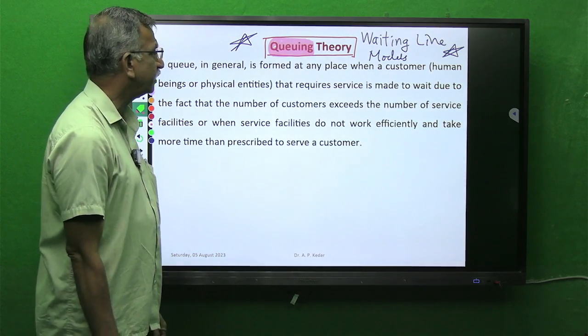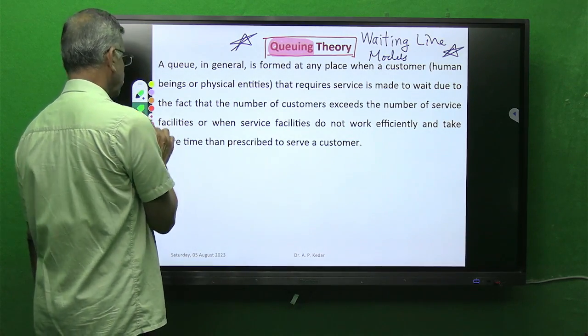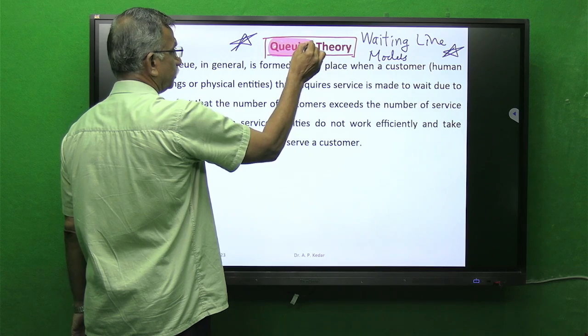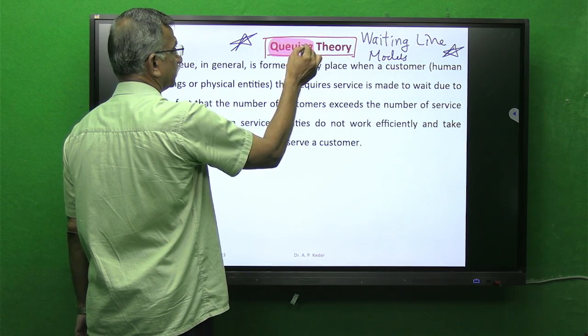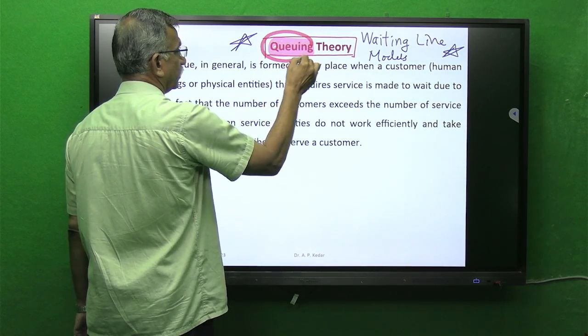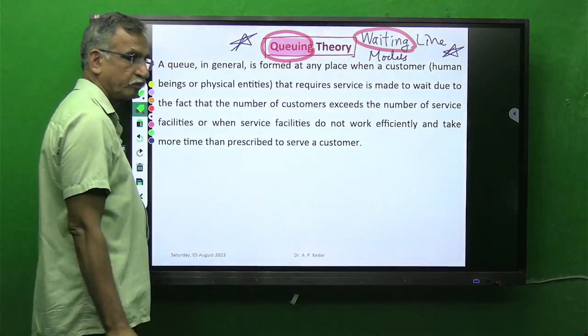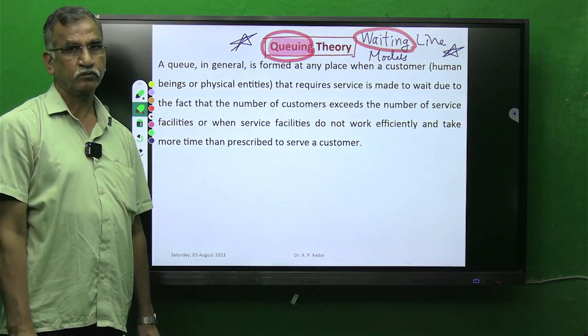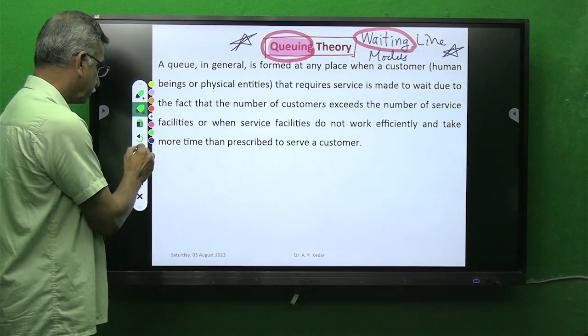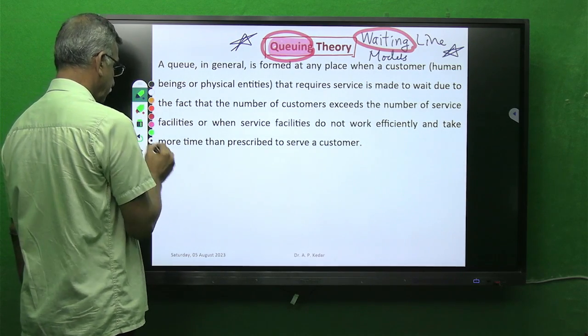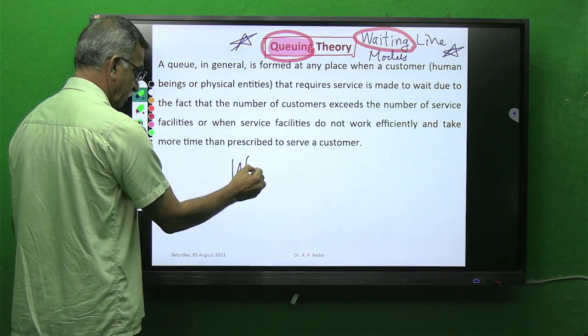We are familiar with the term as an individual, we are familiar with the term queue, as well as we are familiar with the term wait. I am focusing my attention on the word wait.